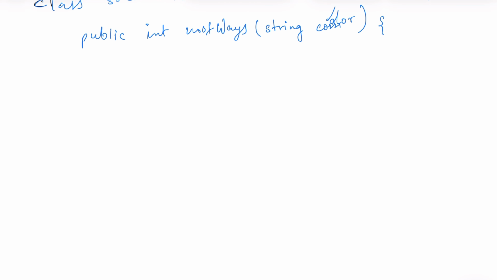Let's try to understand. So very first, we have to take the modulus. Remember, whatever result is coming, we have to take the modulus. So you define a final int mod, and this should be 10 to the power 9 plus 7.